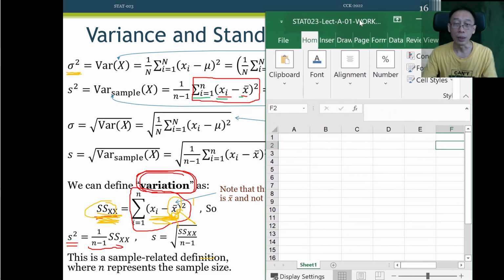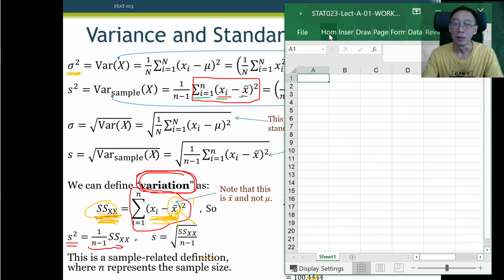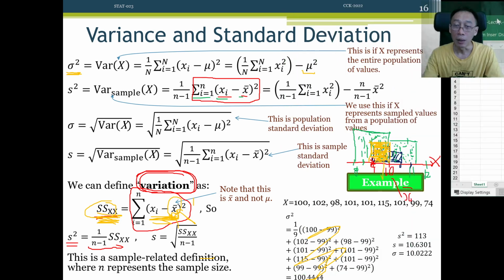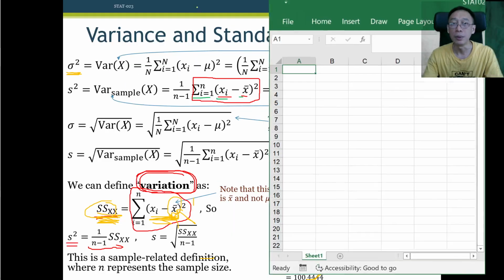Here I just want to quickly run a little bit of Excel to concretize a lot of these calculations that we talked about. Let's roll up our sleeves and work out a bit of calculations here. Now we have some numbers, and I'm going to just enter these numbers.